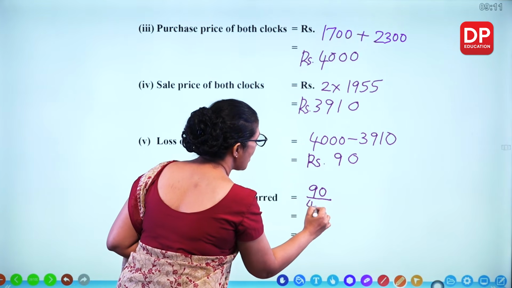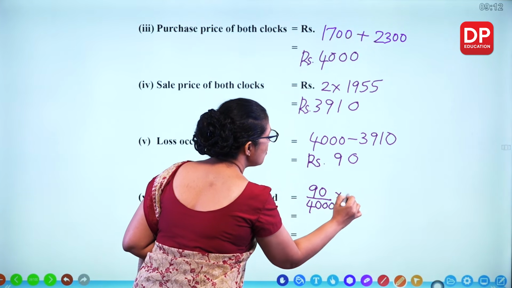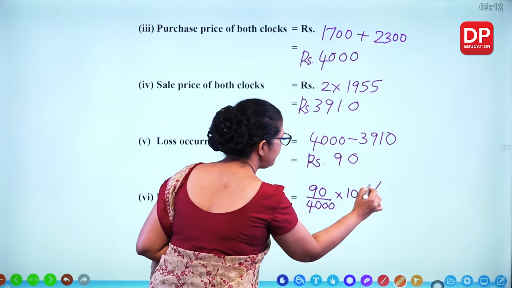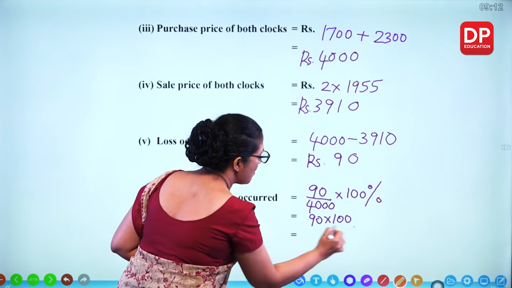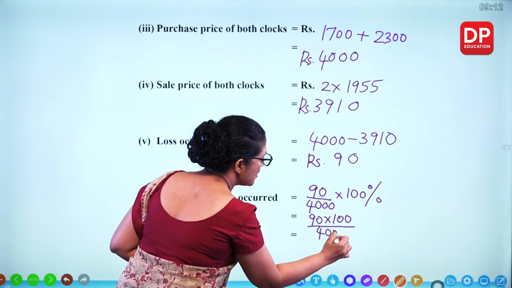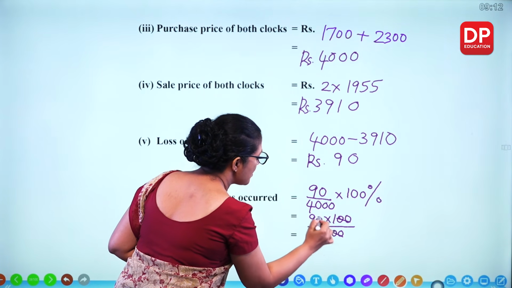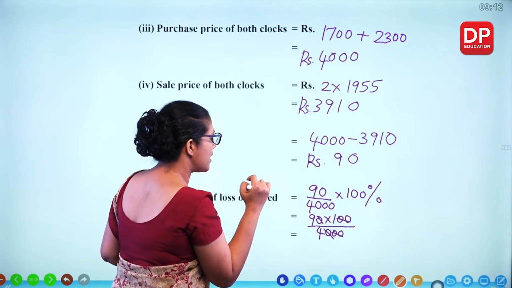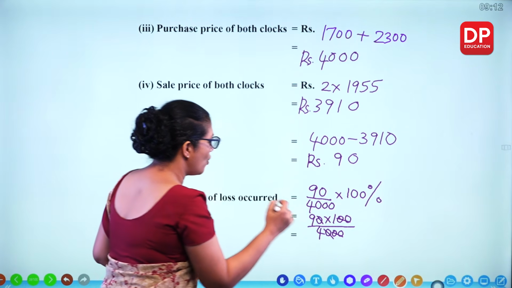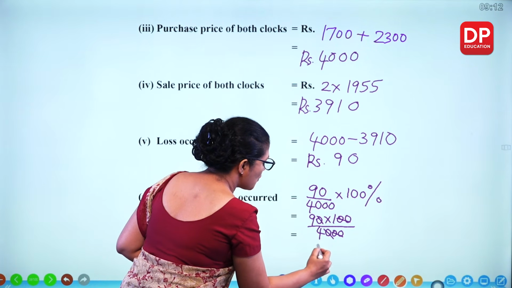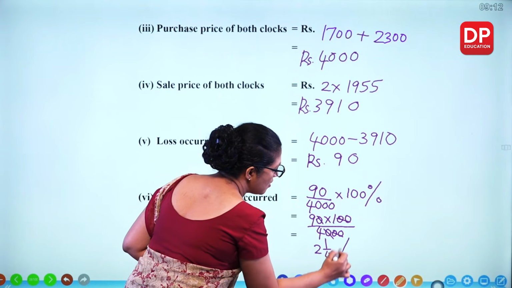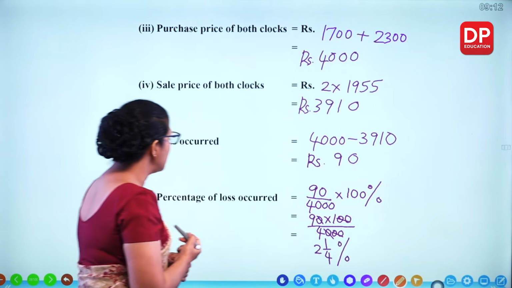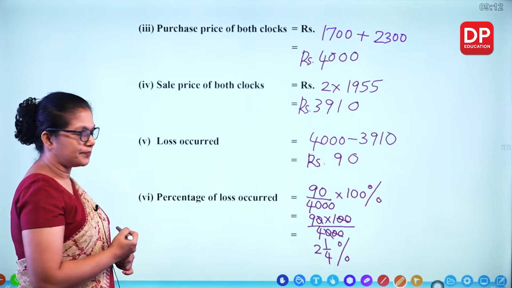Purchase price 4000 into 100. 90 into 100, divide by 4000, 2 zeros and 1 0. So you get 9 over 4. 4 times 2, 8. 2 and a quarter percent is the loss occurred.